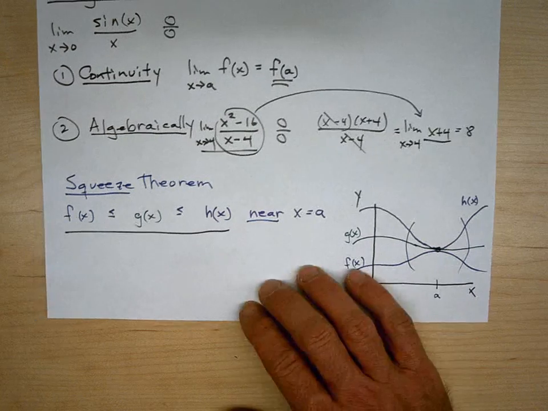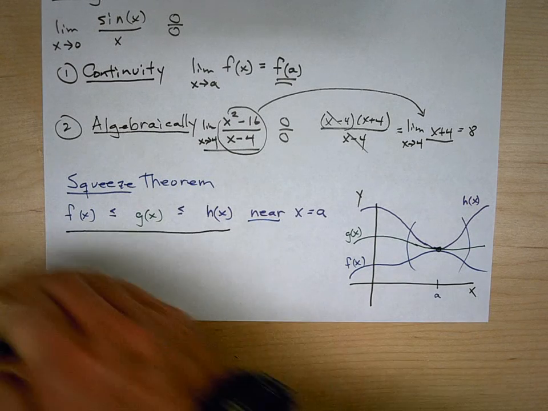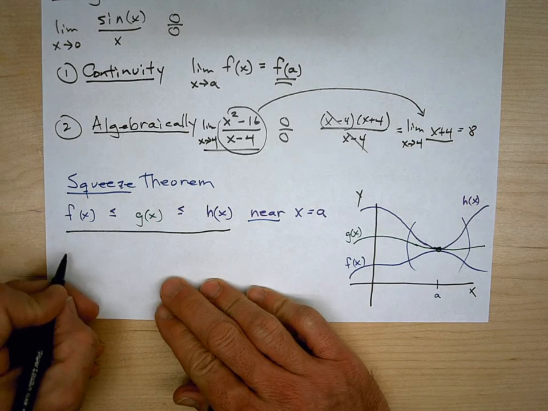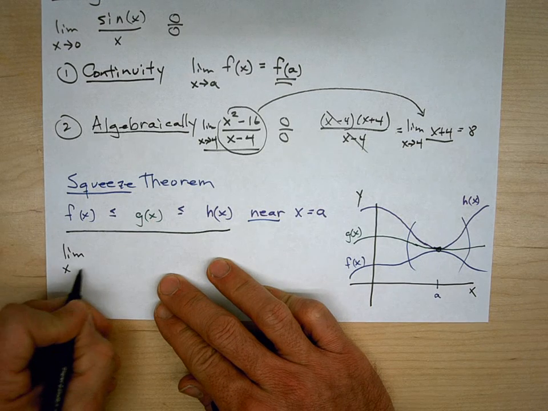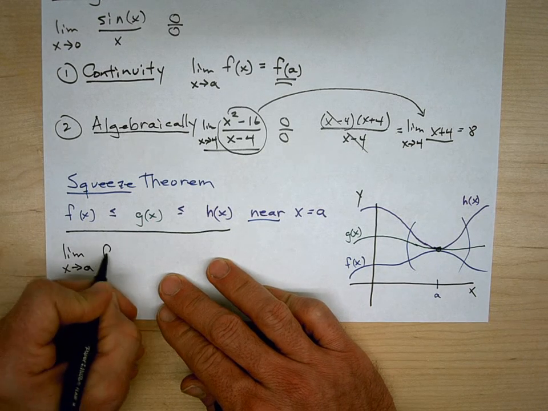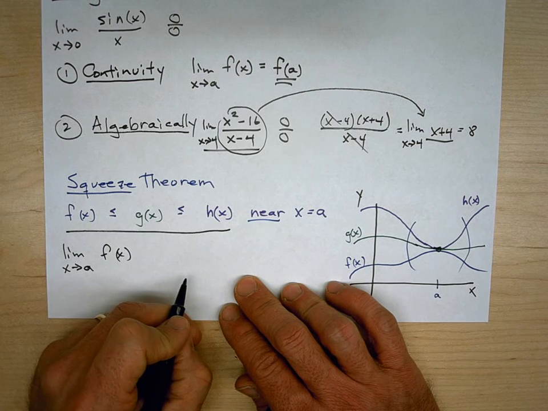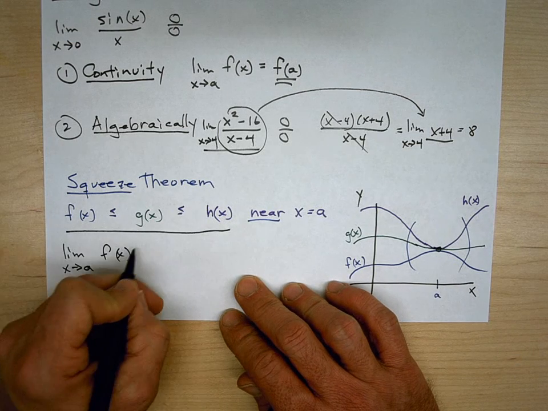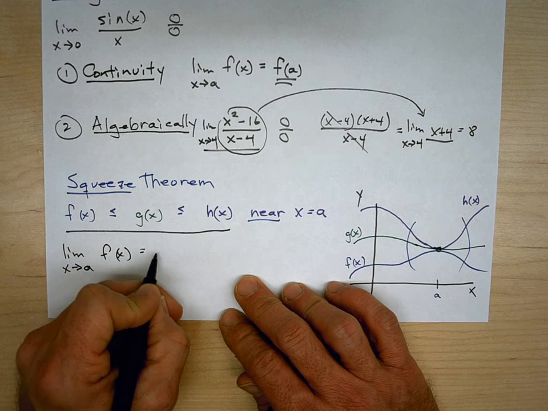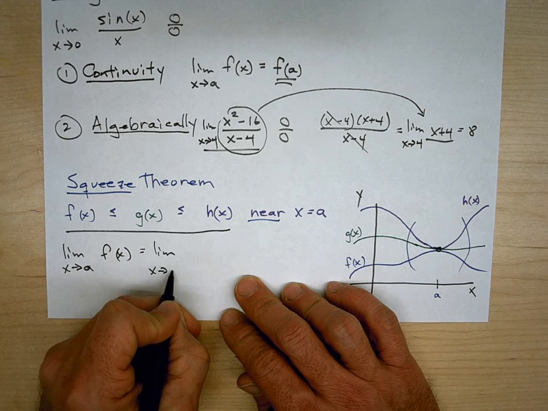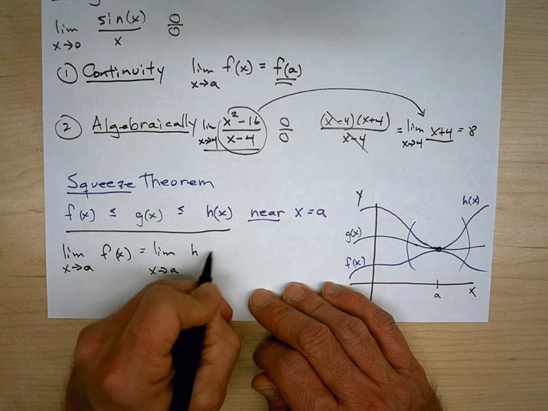So first, let me finish stating the Squeeze Theorem. So let's suppose, like in this picture, that the limit as x approaches a of f of x is equal to the limit as x approaches a of h of x.